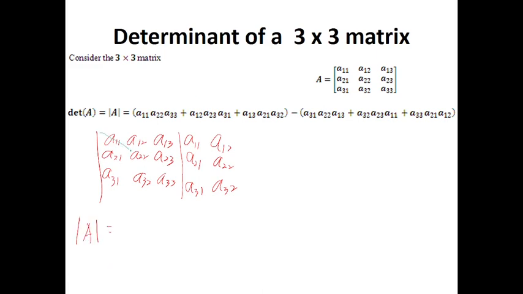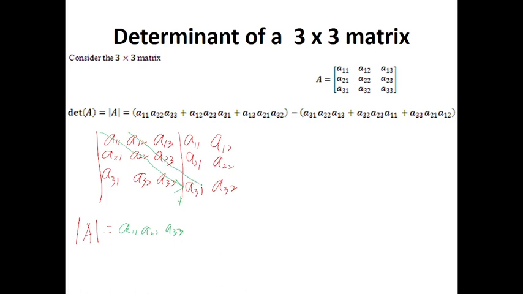We have the products. A11, A22, A33. Going down, that is a positive sign.